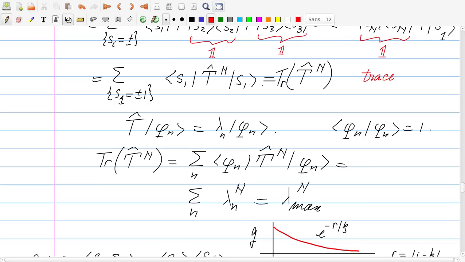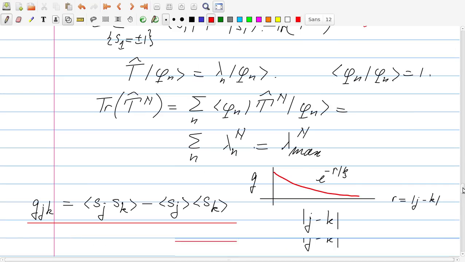In order to make progress, we assume that we can diagonalize T. So we have the operator T, it acts on an eigenvector, and then we have the eigenvalue multiplied by that eigenvector. And we assume always that the eigenvectors are properly normalized. And so let us write out now the trace of T to the power N. Well, the trace is independent of which basis we use. It's always the sum of the diagonal elements.